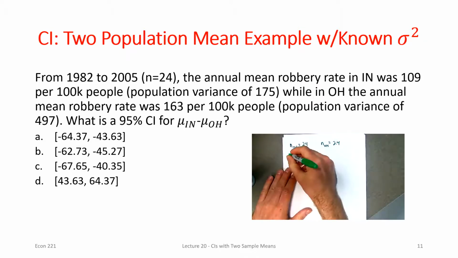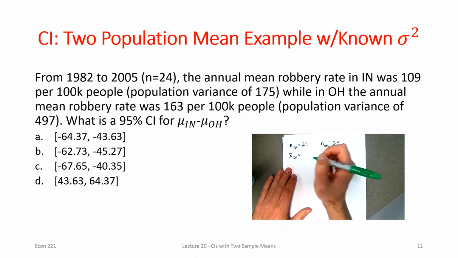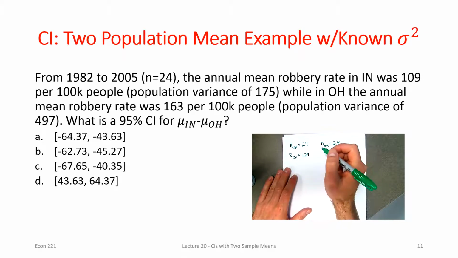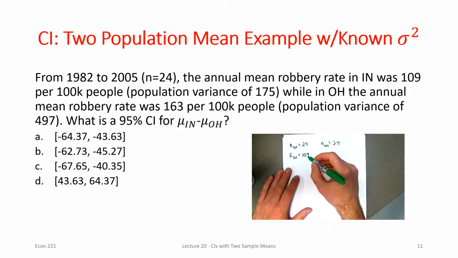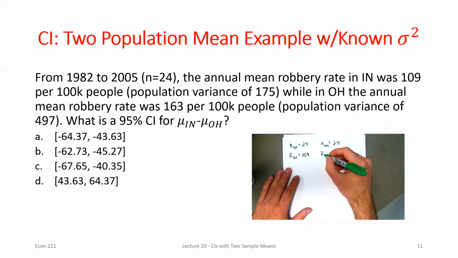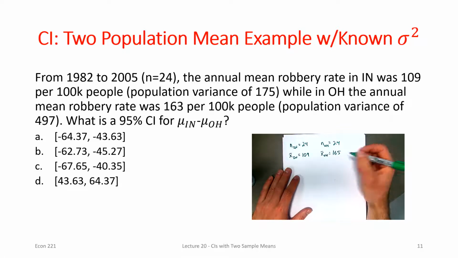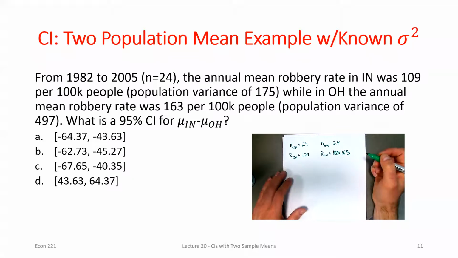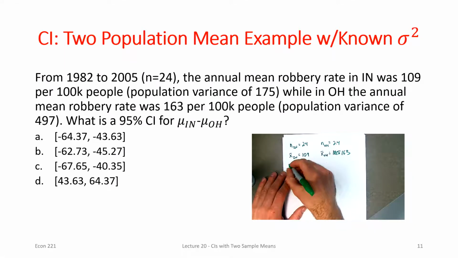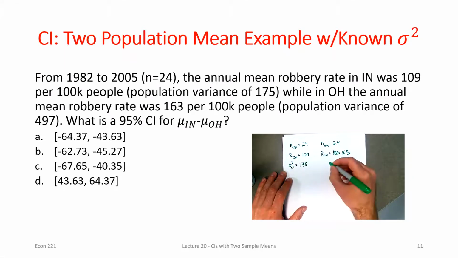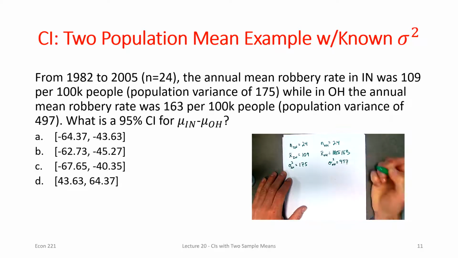I then was told, okay, in Indiana, over that 24-year time period, I found that, this is robbery rates? Yeah, robbery rates were on average 109. And during that same time period, those same 24 years in Ohio, it was 163. Okay. I was then given my population variances of 175 for Indiana and 497 for Ohio.